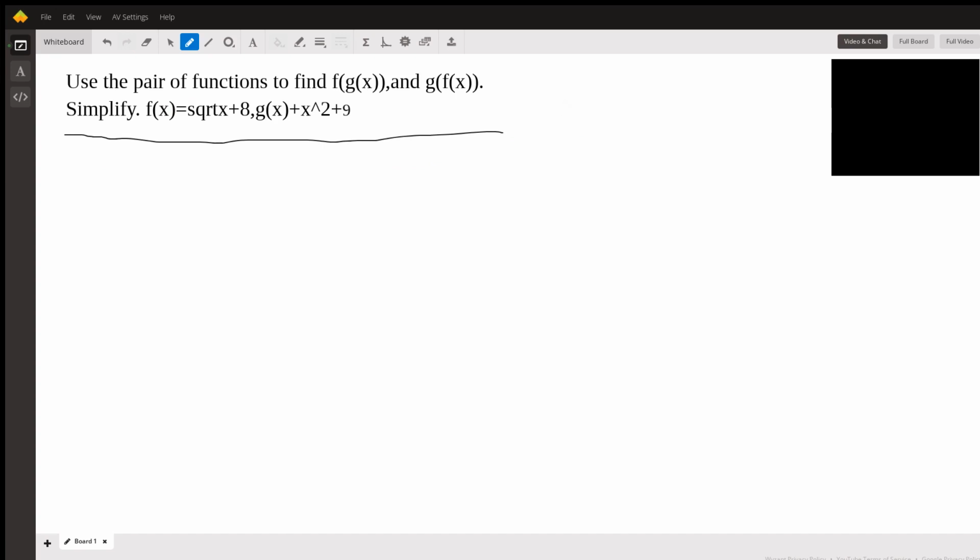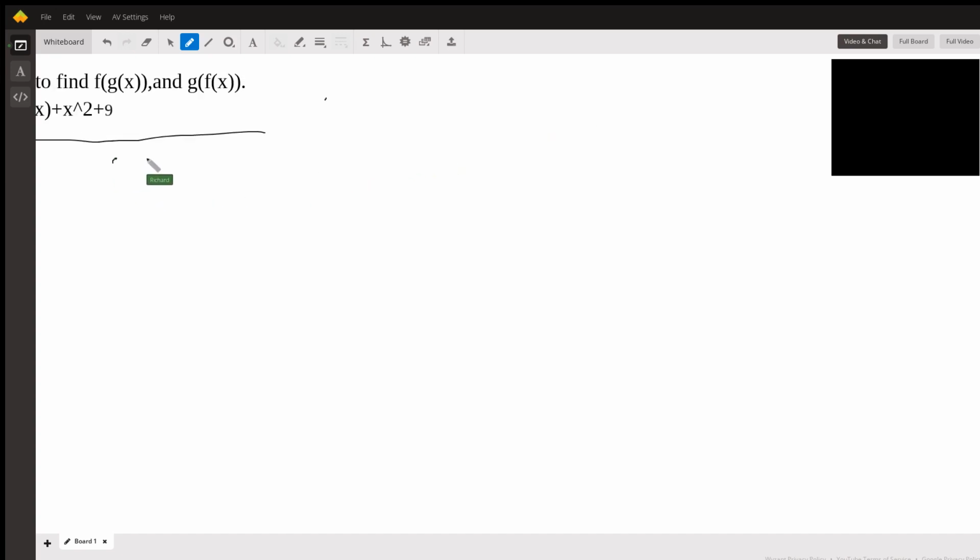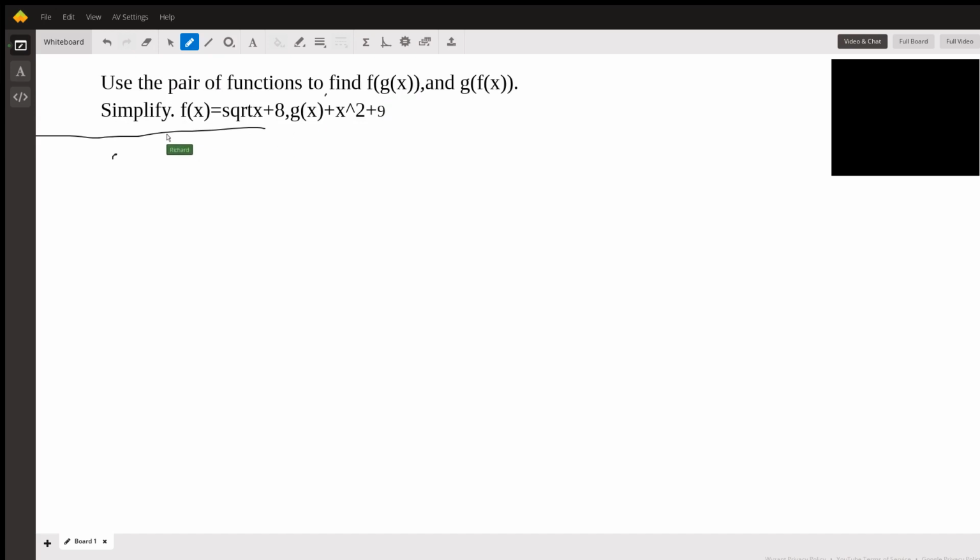So we have two functions, f of x and g of x. Unfortunately, the way they've been written here on this problem, they're a little ambiguous. So we'll just make an assumption about what f of x and g of x are.